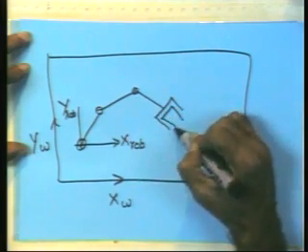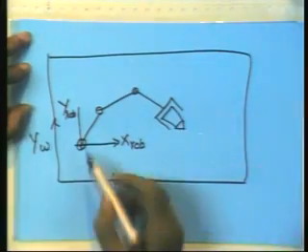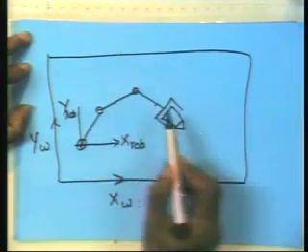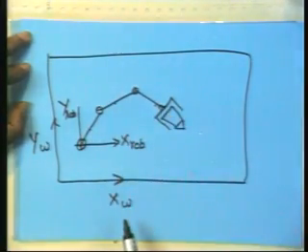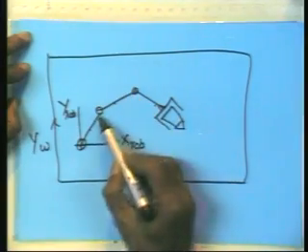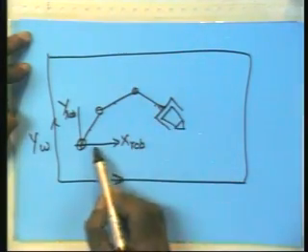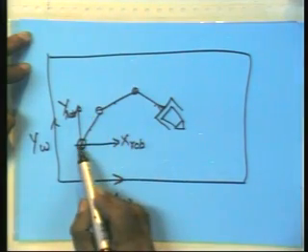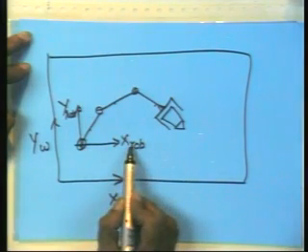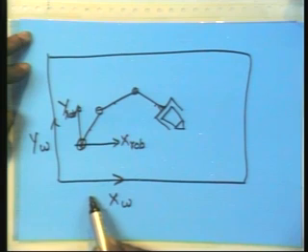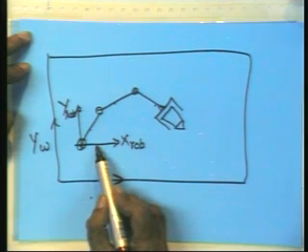Am I right? You have this link length, this link length, this link length known to you, and through these angles what you work out will essentially be the position of this object in this coordinate frame, the base of the robot. So there is an X world coordinate frame, and there is a robot coordinate frame.